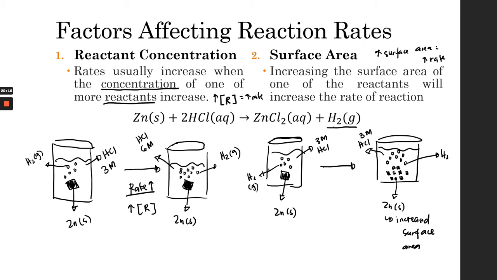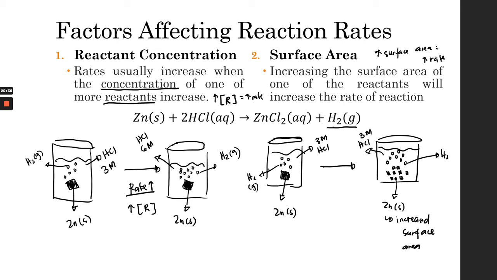The same thing here, after grinding it, we actually increase the surface of the zinc solid. There's more area for the 3 moles of HCl to bump onto this zinc solid. The reason that it has less here when it is bigger is because it's only bumping on the outer surface.